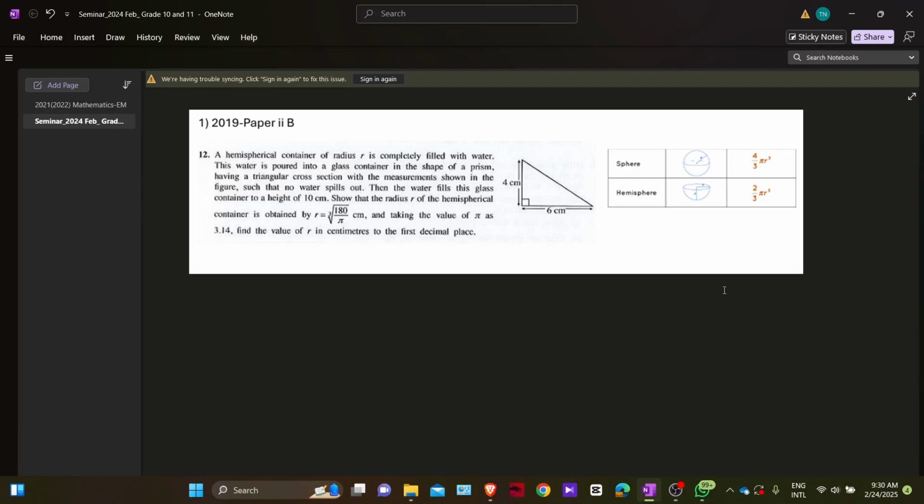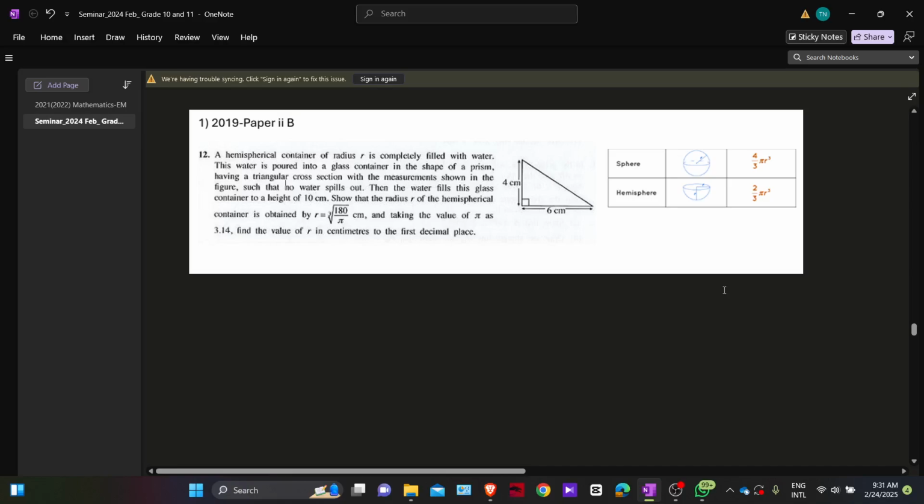They say there's a hemisphere completely filled with water. Now that water is taken out and moved to a glass container in the shape of a prism, which means you're pouring that water into a prism. The cross-sectional area of that prism is given.